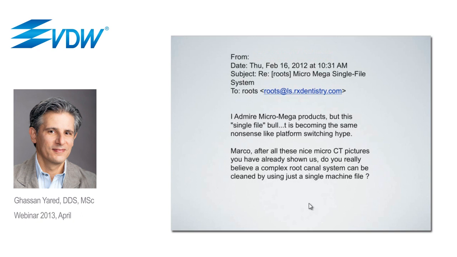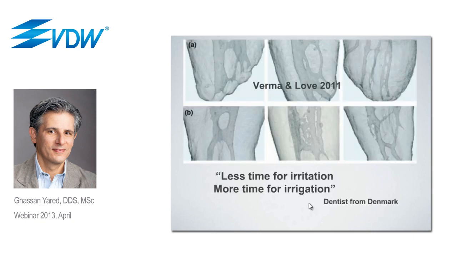Dr. Stefanov was asking Dr. Versiani, when we see all the micro CT pictures referring to the work of Marco, how can we believe that a single file machine can clean those systems?